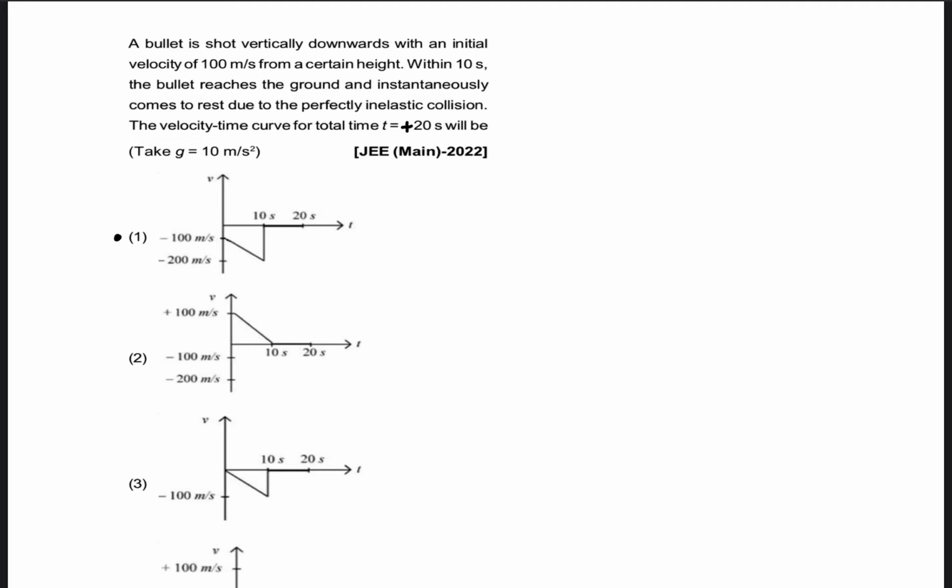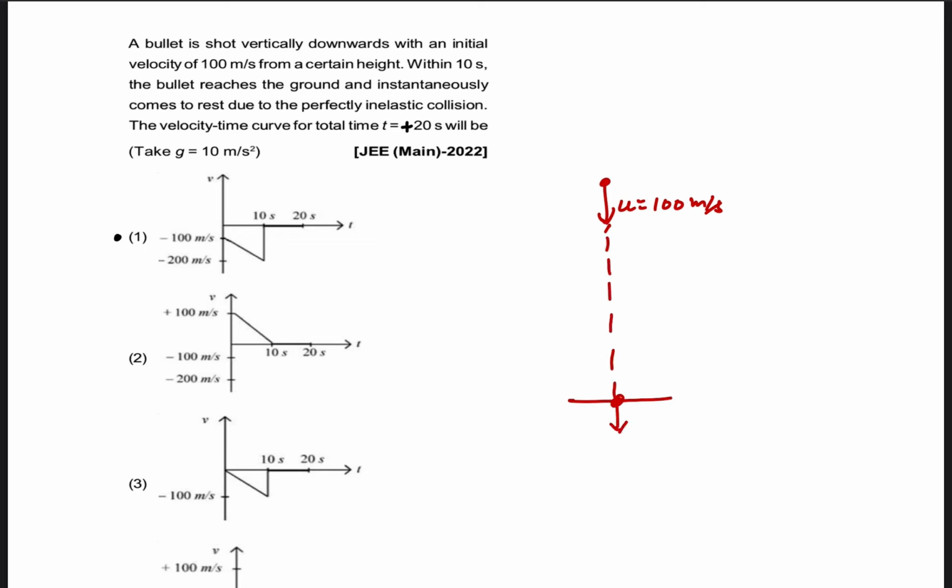Next one. A bullet is shot vertically downward with initial velocity 100 meter per second from a certain height. Within 10 seconds, the bullet reaches the ground and simultaneously comes to rest. So a ball is projected downward with u equal to 100 meter per second.